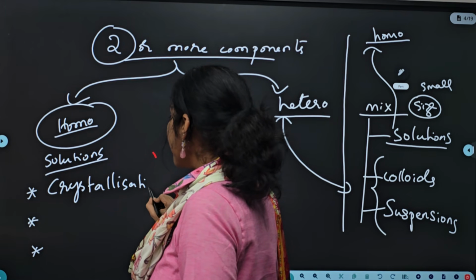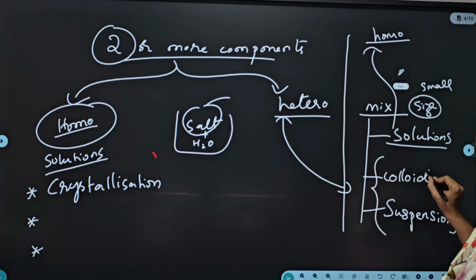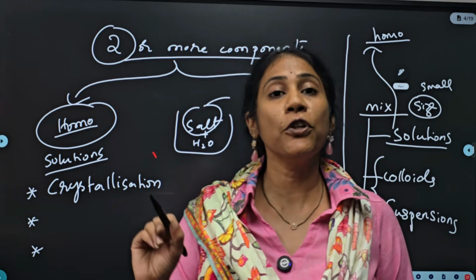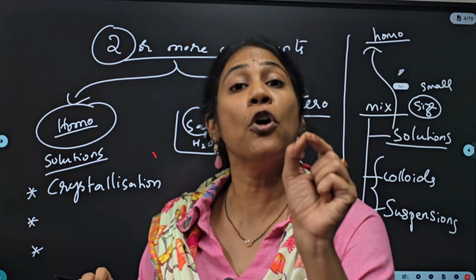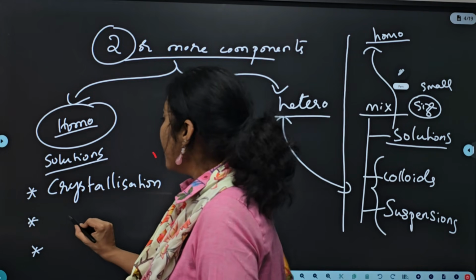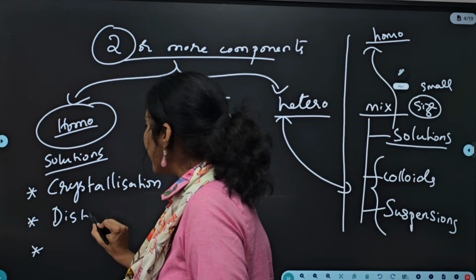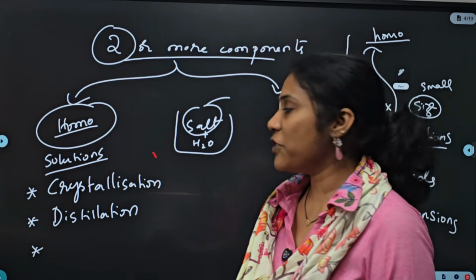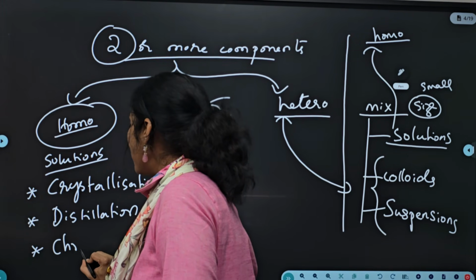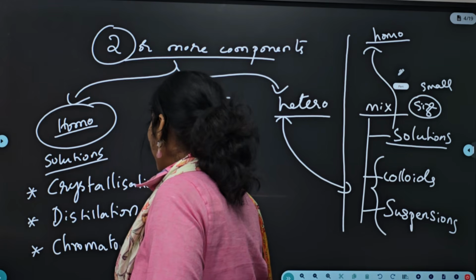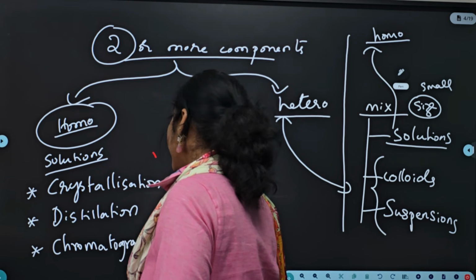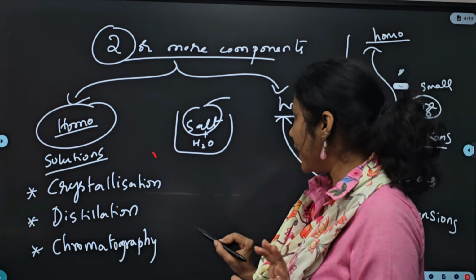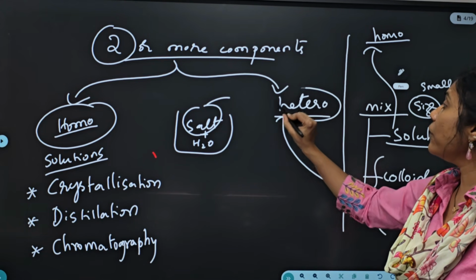Crystallization is not performed for colloids or suspensions. Crystallization is performed if you want to separate components from a homogeneous mixture. You can also perform another technique called distillation. And the third one that is mentioned in your syllabus is chromatography. In chromatography there are many techniques, but in your syllabus we are going to understand paper chromatography.